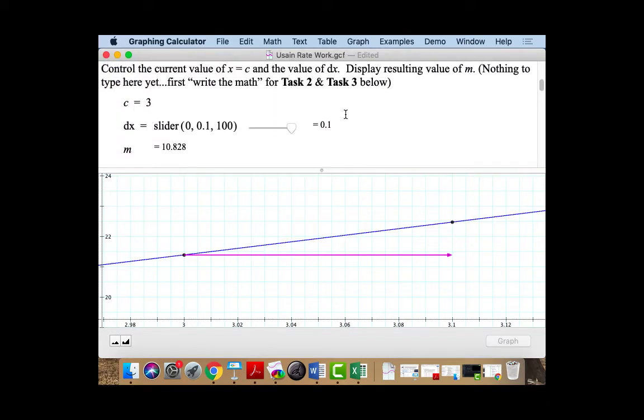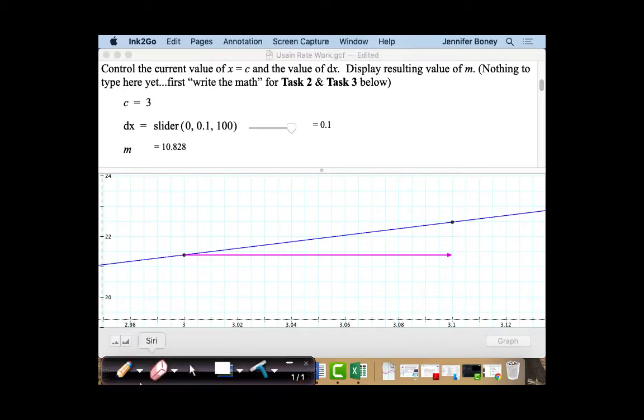And so in this graph, I've got my dx here, and right now it's 0.1 second. dy I can see by looking here, and this dy would be m dx, which would be 10.828 times 0.1, so 1.0828.